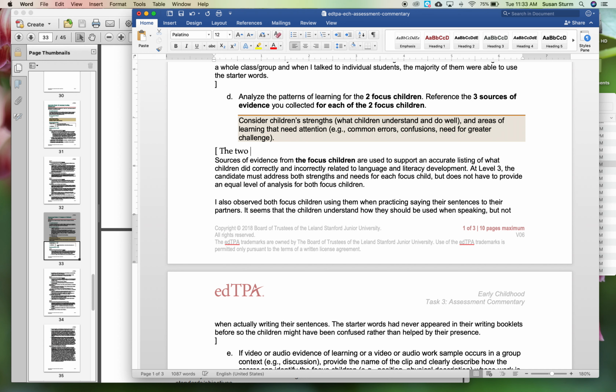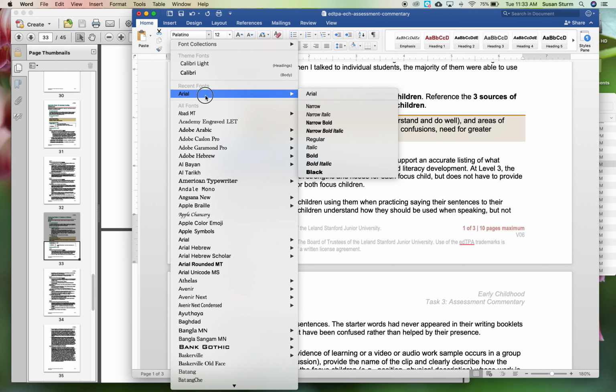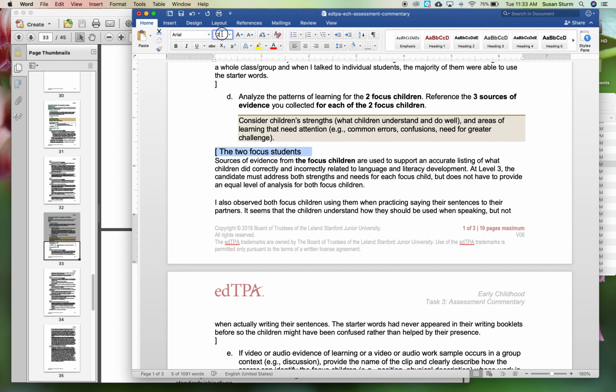So the 2 focus students completed the following 3 sources of evidence. And here's where you're going to list them. So you start off by just telling what the sources of evidence are that you're using.